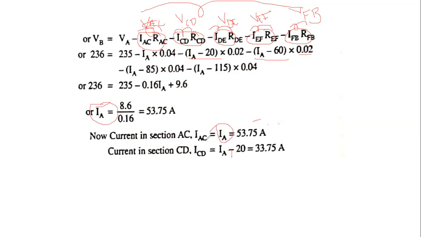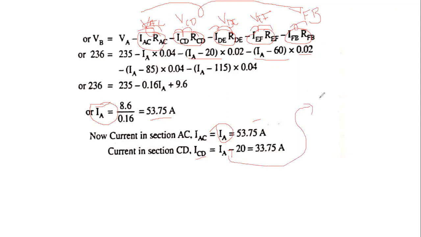What is the current at the A to C section? IA. IA is equal to 53.75. Then we calculate the ICD current, IA minus 20. IA is 53.75.